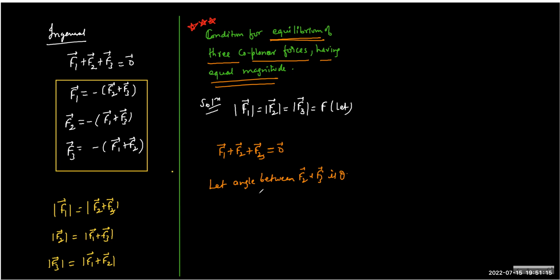So let's say the angle between 2 and 3 is theta. I would like to know theta. Tell me guys what I can do. Can I write f1 equals to minus of f2 plus f3? Yes. Yes, sir. Taking modulus both sides. If you take modulus both sides, what will happen?